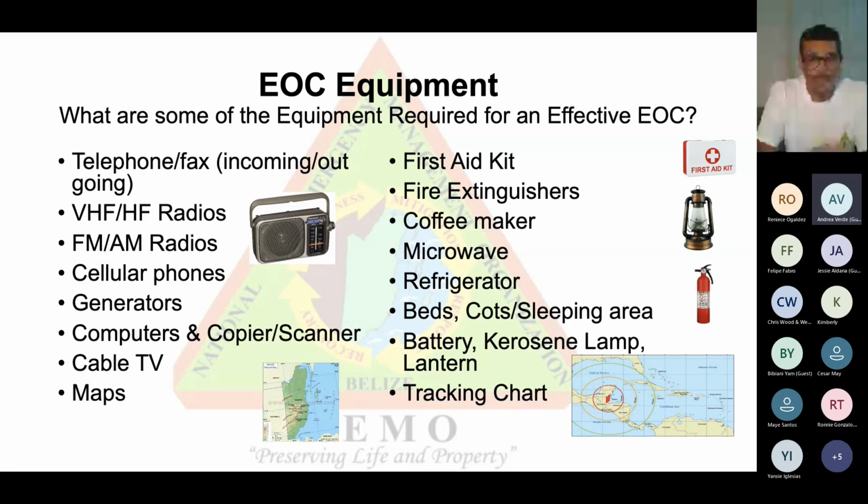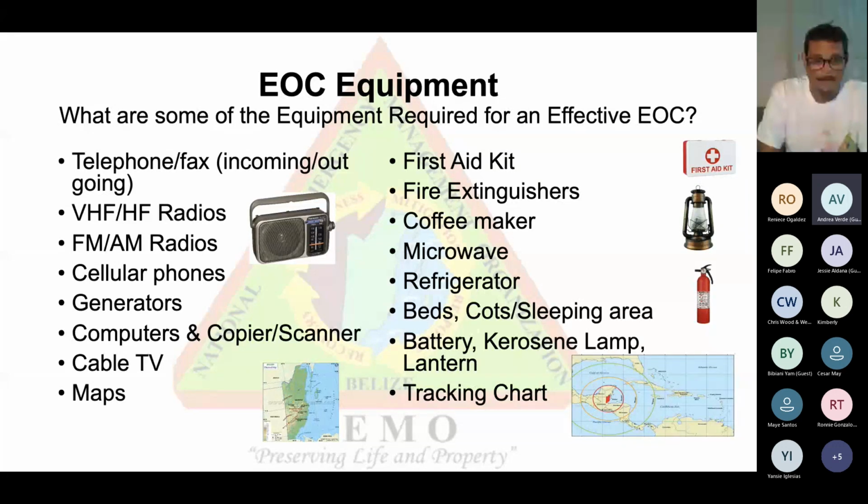So we utilize whatever means is available in an EOC to be able to see what is happening out in the communities on the ground and be able to communicate with them. So whatever system or whatever network is available, we will use that, right?